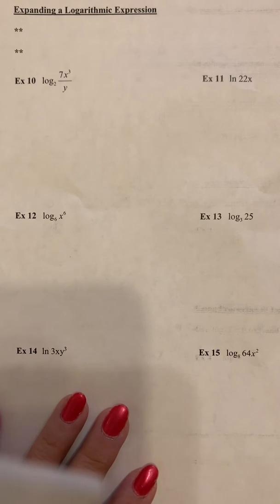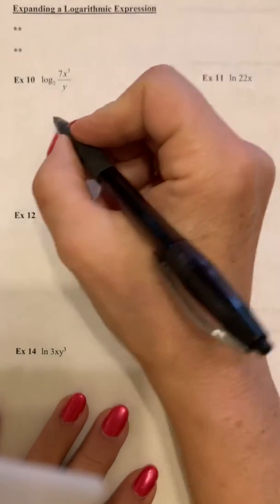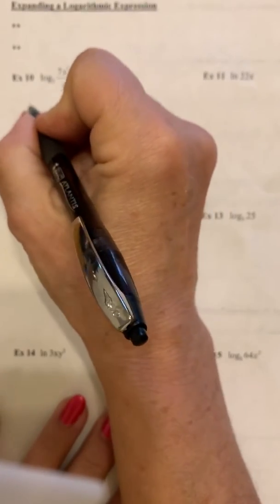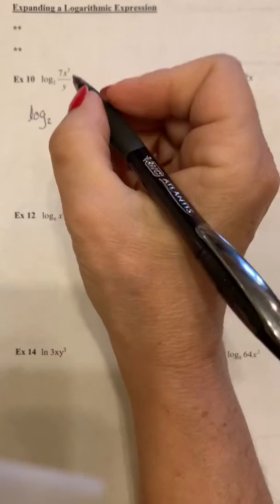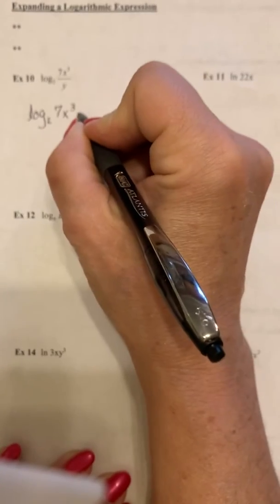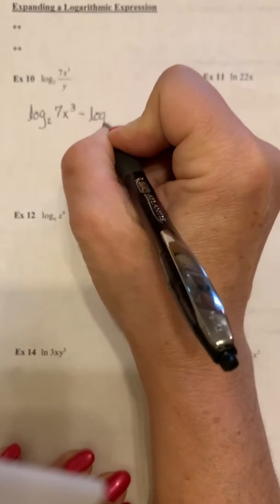So for example, number 10, log base 2 of 7x cubed over y. You would first take log base 2 of 7x cubed. And then you're going to subtract log base 2 of y because the y is in the bottom.